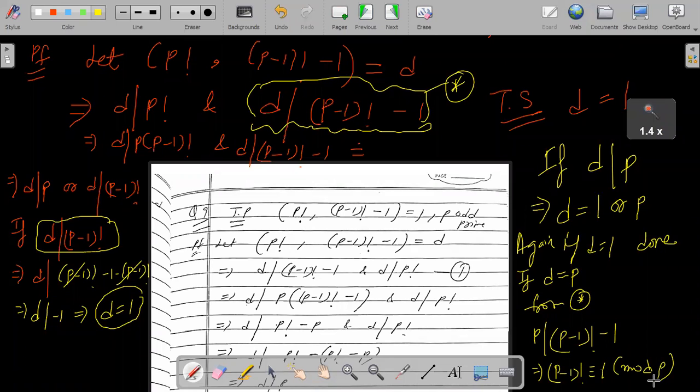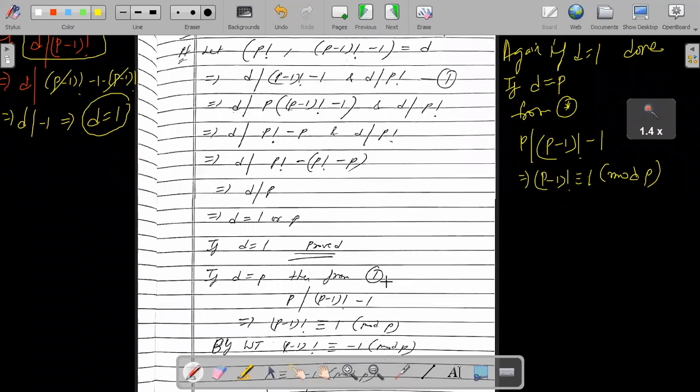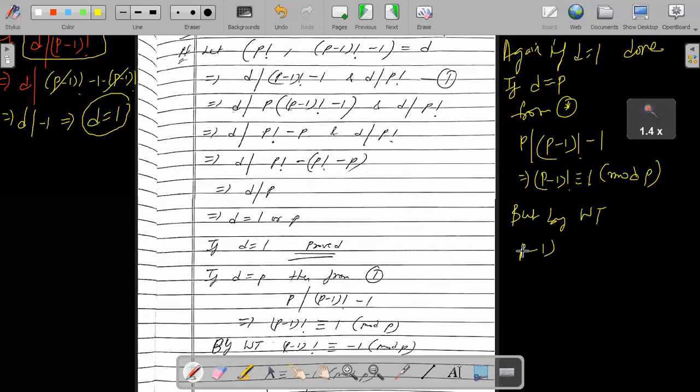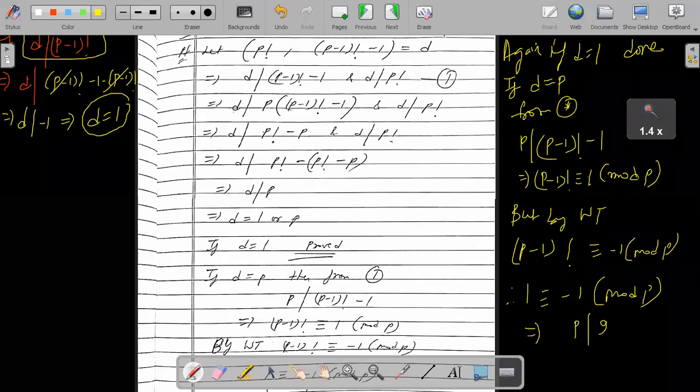बट हमें तो पता है विल्सन थ्योरम से क्या होता है. बट बाय विल्सन थ्योरम P minus 1 factorial is congruent to minus 1 mod P. So यहाँ से क्या आ गया, ये नंबर इसके कॉन्ग्रुएंट है, so therefore 1 is congruent to minus 1 mod P. So यहाँ से क्या आ गया, P will divide 2.